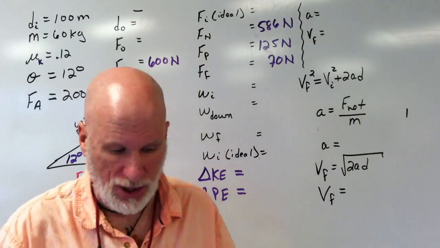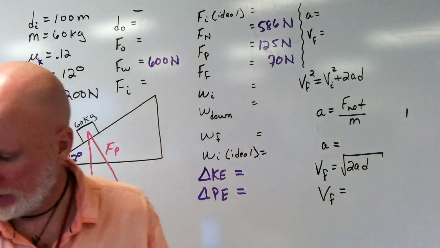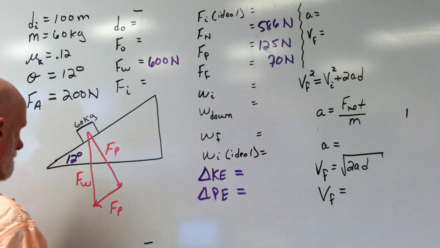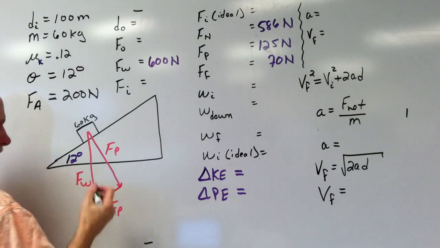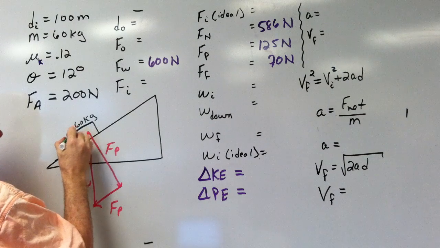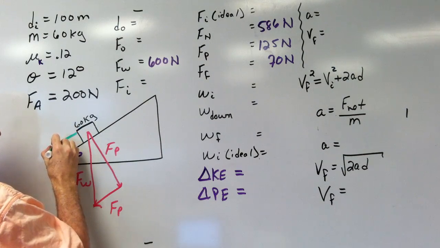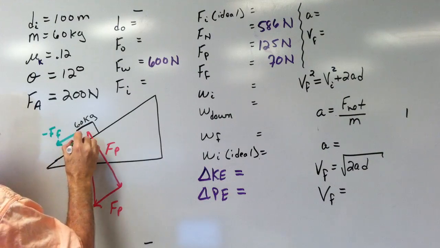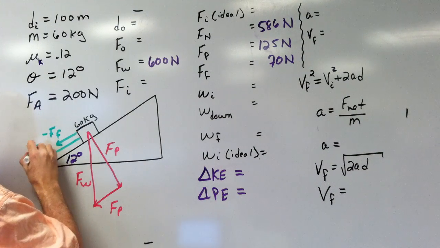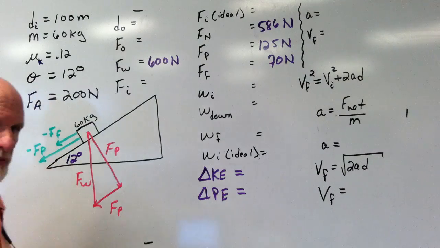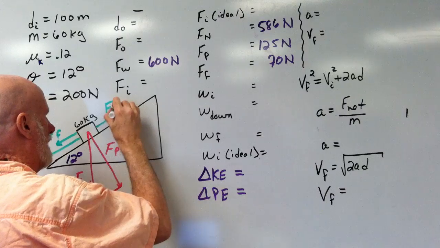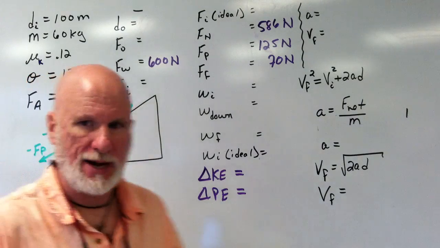Also, very important, I want to draw in FF, which is negative, and FP, which is also negative. This is FA, which is positive, right?